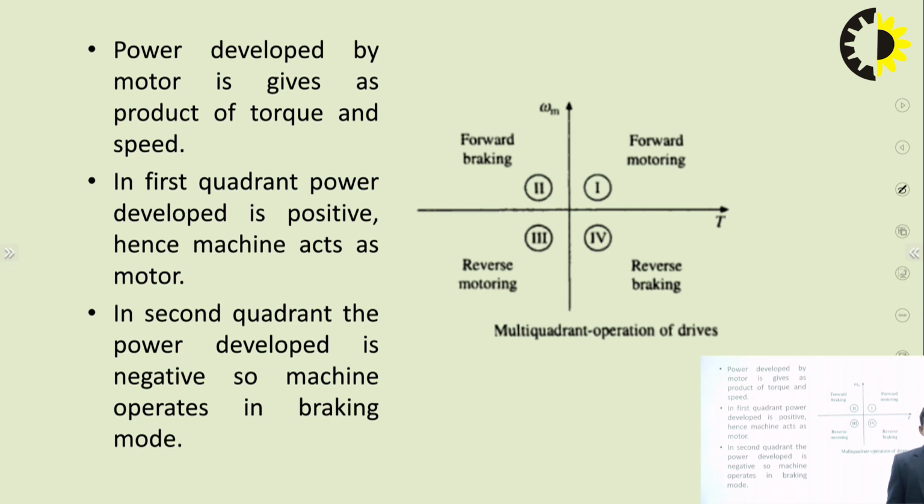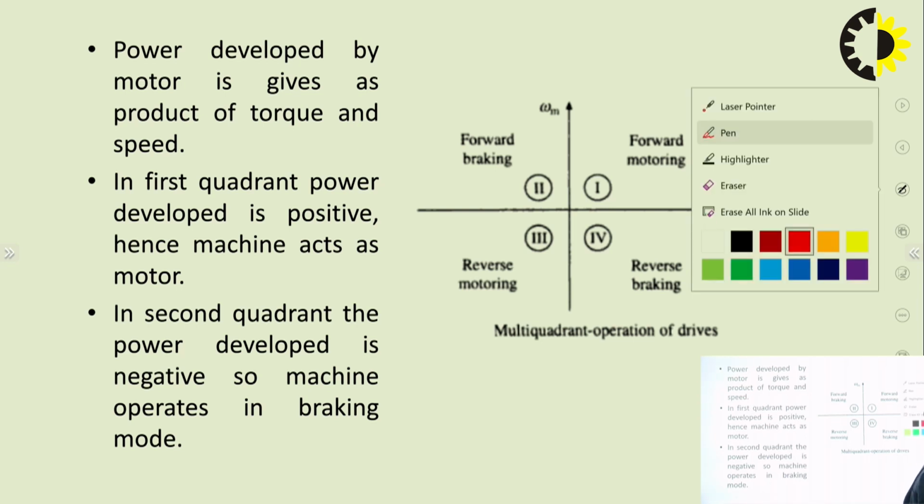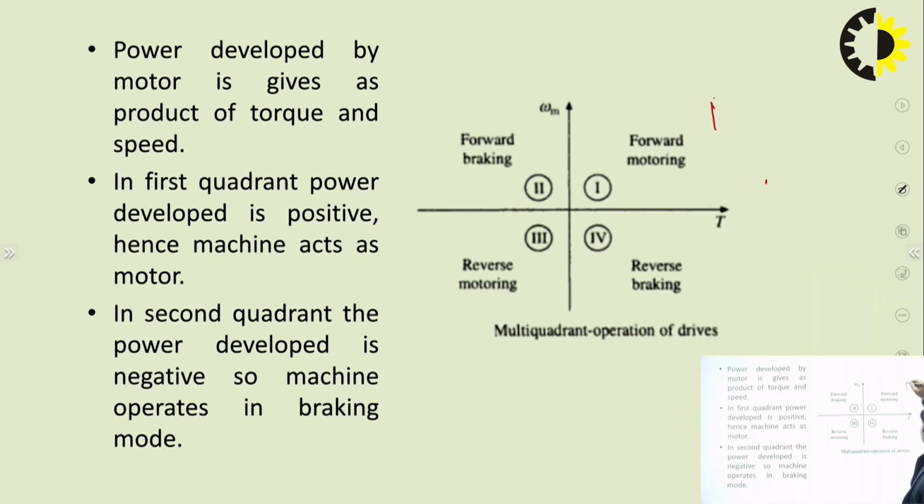So power developed by the motor is given as the product of torque and speed. In the first quadrant we have seen power is positive. In the second quadrant power is negative. In the third quadrant again power is positive, and in the fourth quadrant power is negative.